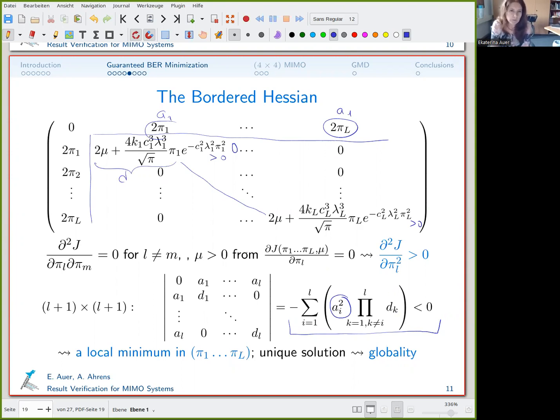We know all of them are positive, and we have a sum of positive coefficients with a minus in front, so all of those principal minors will be less than 0, and that shows us that we have a local minimum at the values of p that we compute. And if we are able to compute a unique solution, then we will have globality and know that it is truly the minimum of our PER.